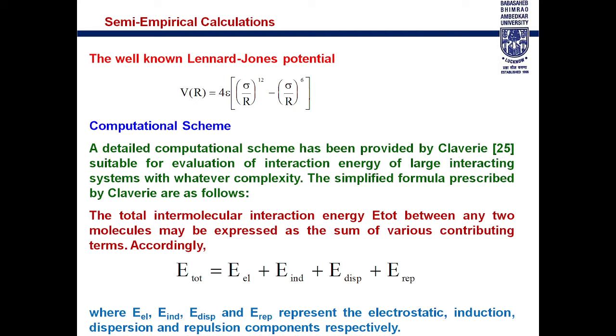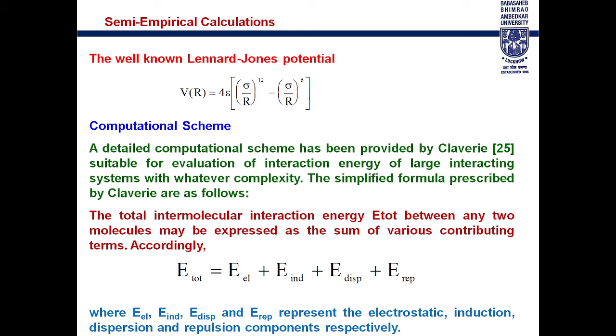The expression for the well-known Lennard-Jones potential is V(r) equals 4 epsilon [(sigma by r) to the power 12 minus (sigma by r) to the power 6], which is also known as the 6-12 potential.